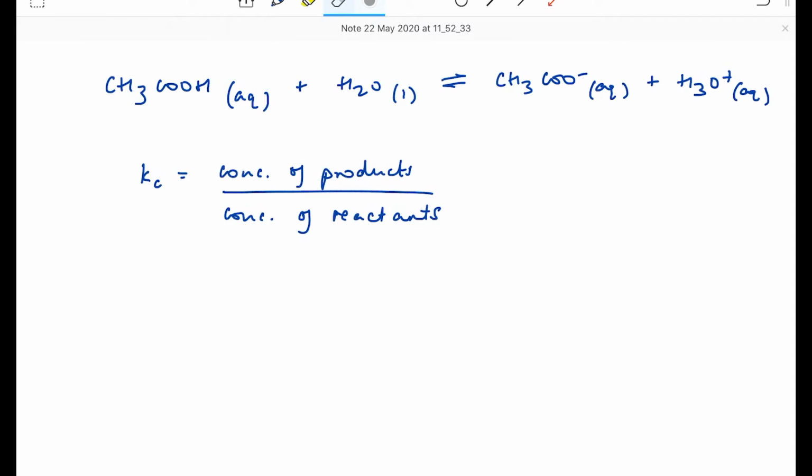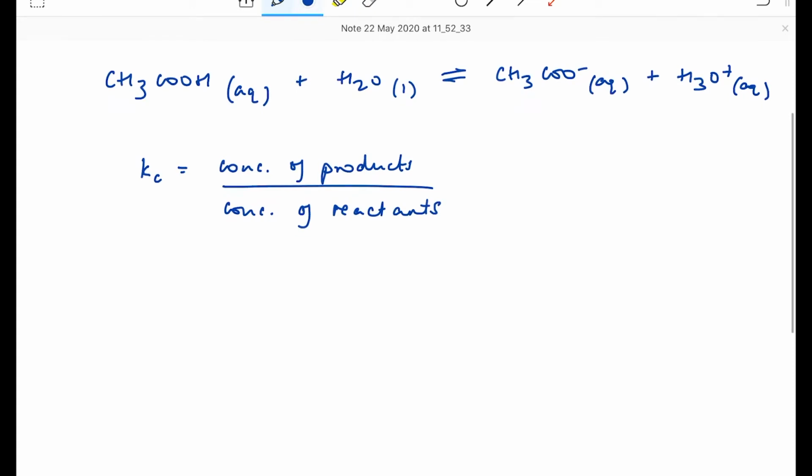If, as in the case of weak acids, we know that the position of equilibrium lies to the left, then the concentration of reactants is going to be higher than the concentration of the products, and Kc is going to be less than 1. So just putting some kind of perspective in that.